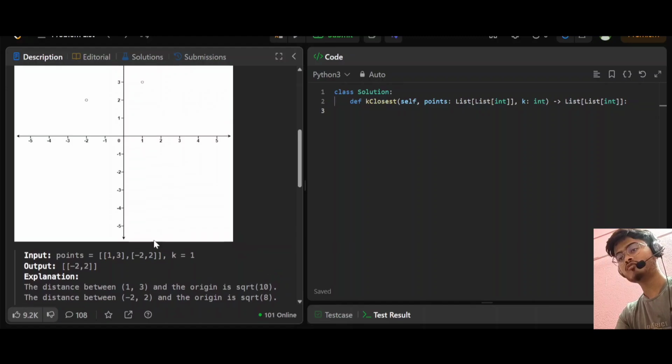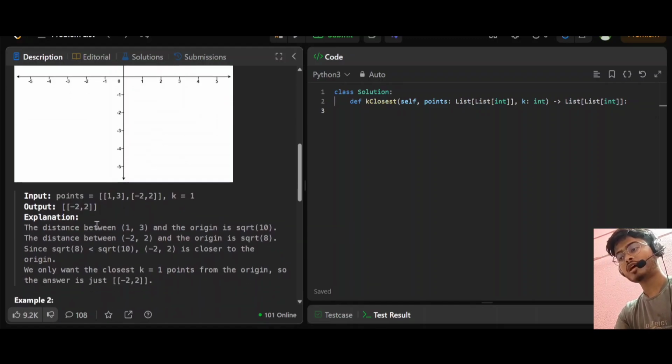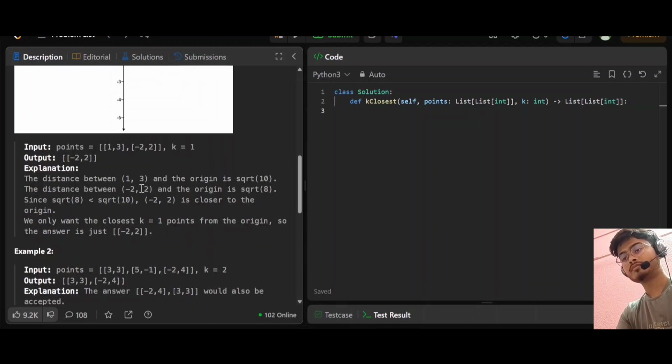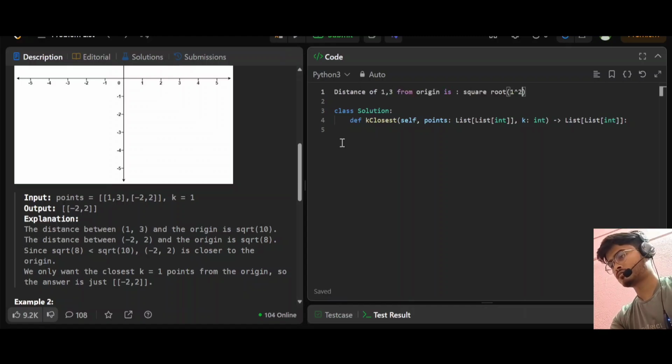The distance of 1, 3 from the origin is square root of 1 square plus 3 square. This will be the distance from the origin of the 1, 3 point, and it will become square root of 10, because 3 square is 9 and 1 square is 1. 9 plus 1 is 10.